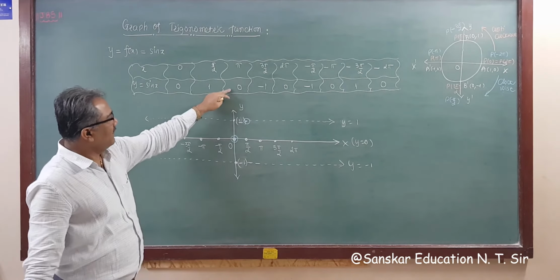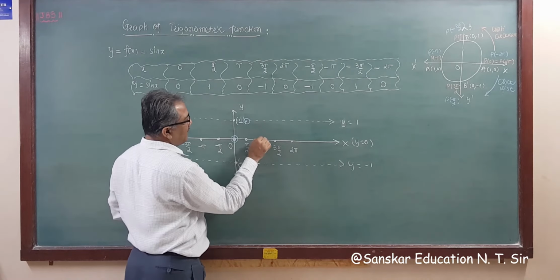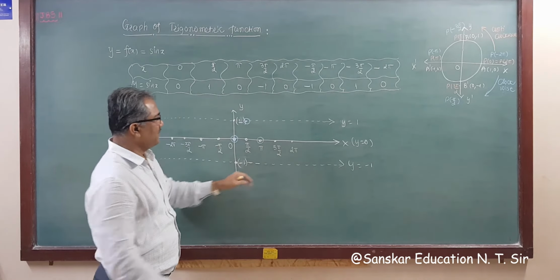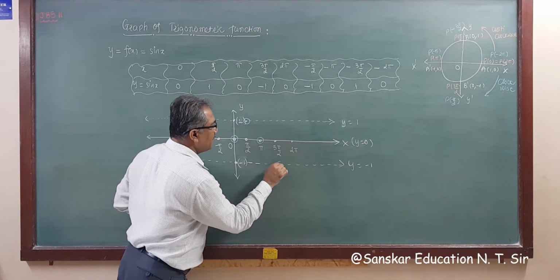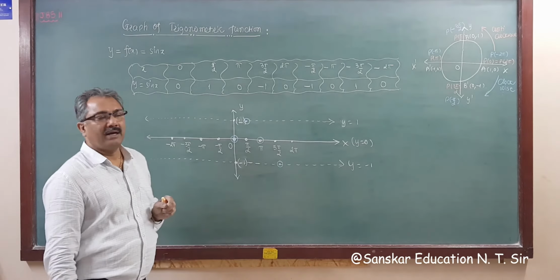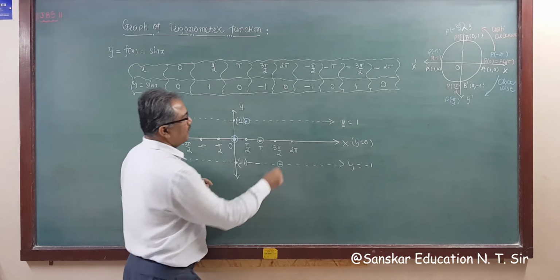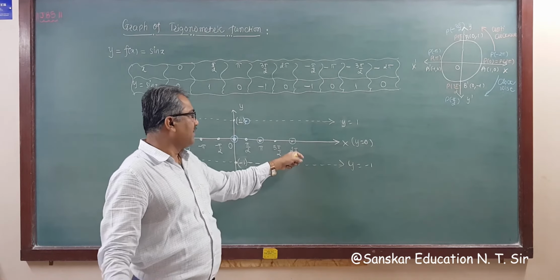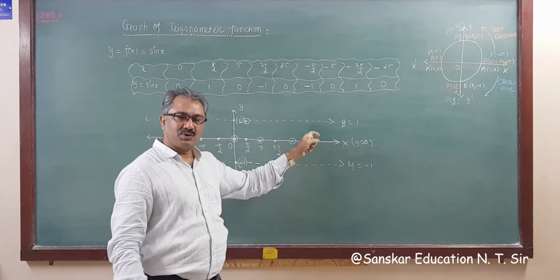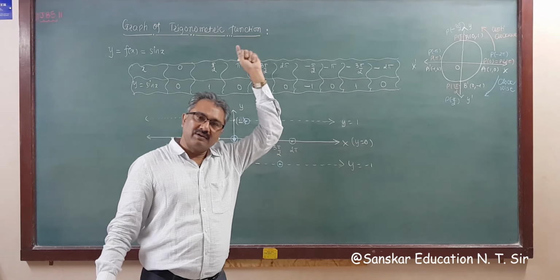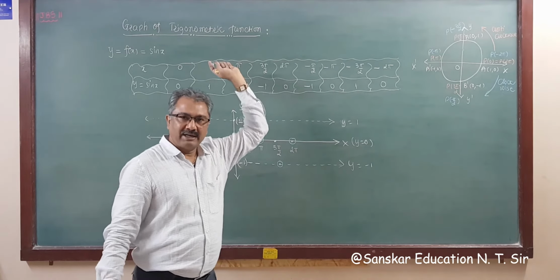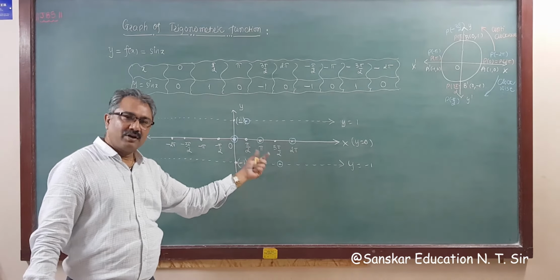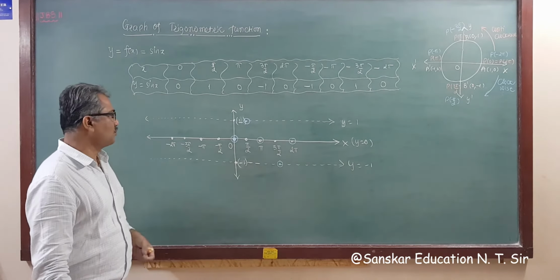Now pi, then 0, means this point. 3 pi by 2, then minus 1, means we get this point, and 2 pi means 0, so we get this point. Continuing this way, we go right up to infinity, but I am limiting our graph to only 2 pi to minus 2 pi.